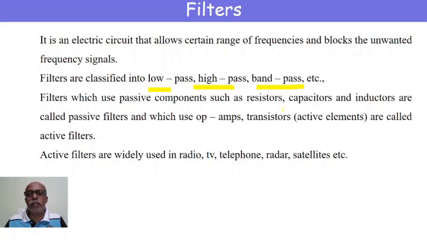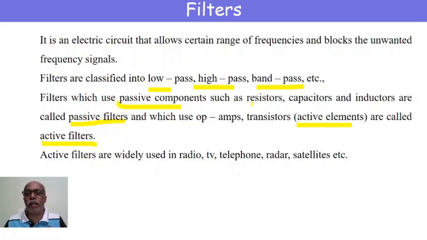Filters use passive elements as well as active elements. The filters which use passive elements are called passive filters, whereas the filters which use active elements are called active filters.